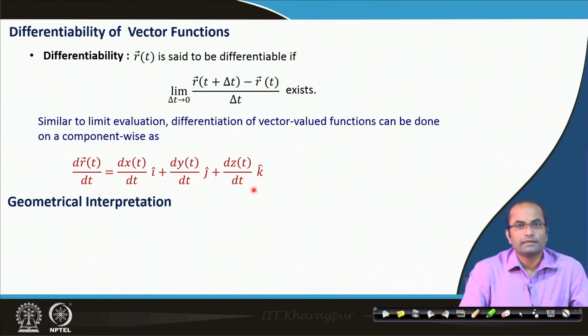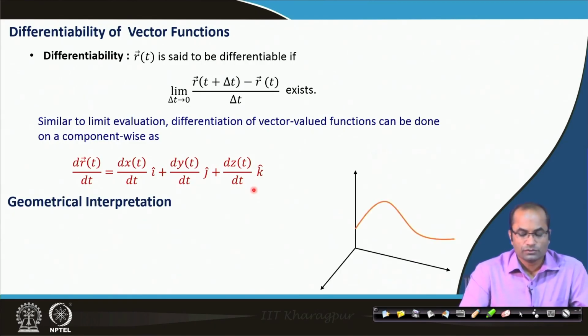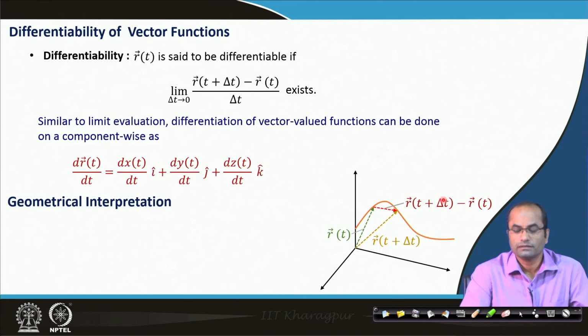Coming back to the geometric interpretation. We have a curve described by the vector function r(t). This is the position vector of a point at t, and this is the position vector at t plus delta t. This vector will be the difference of the two vectors, that is, r evaluated at t plus delta t minus r(t).